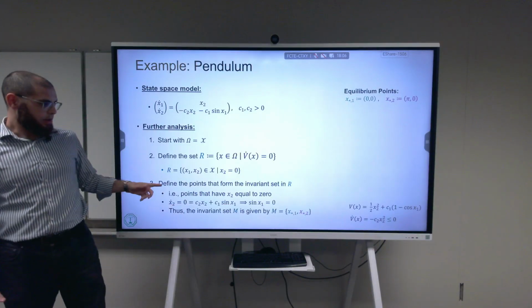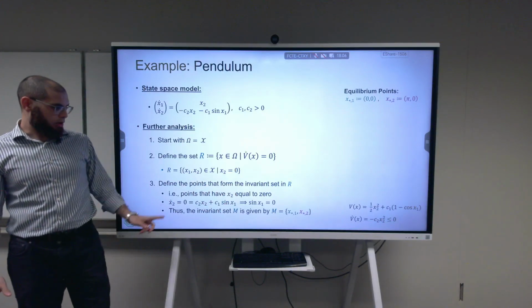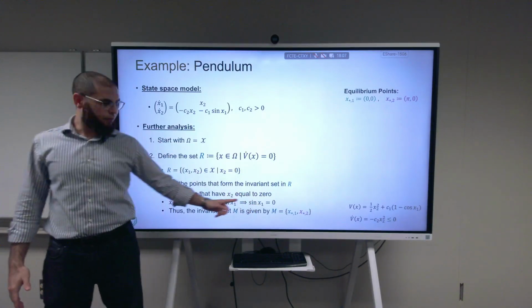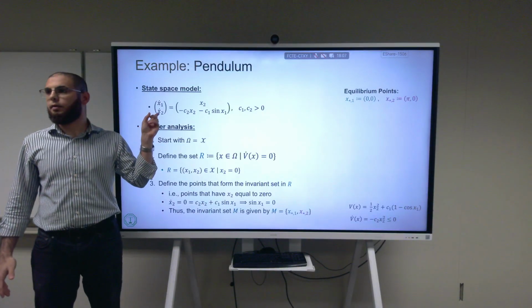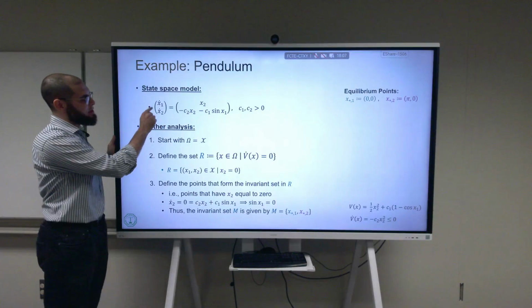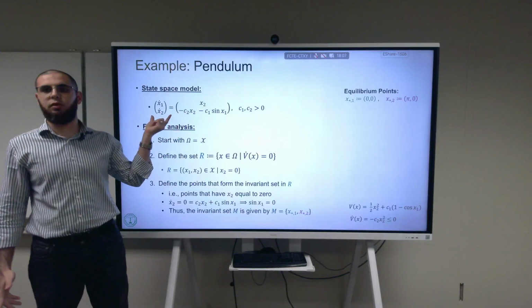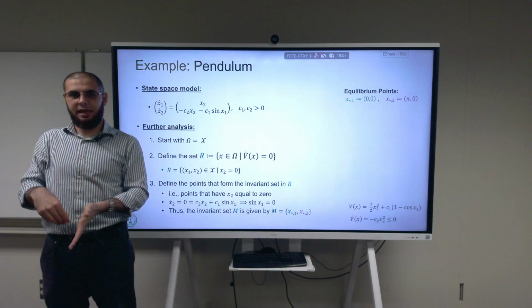Here, the points that form the invariant set are the points that have x2 equal to 0. How do we actually find these equilibrium points? We go back to the dynamics. If we put x2 equal to 0, it means that x2 dot is also equal to 0, right? Because inside this invariant set, if I start there, I stay there.